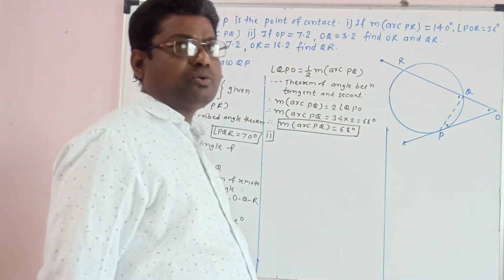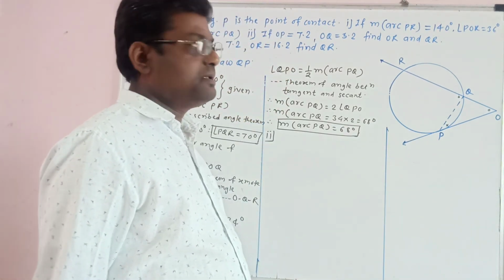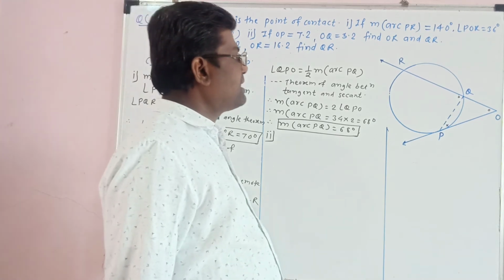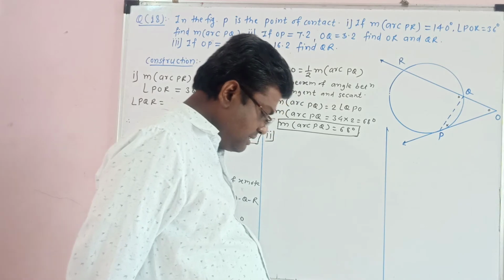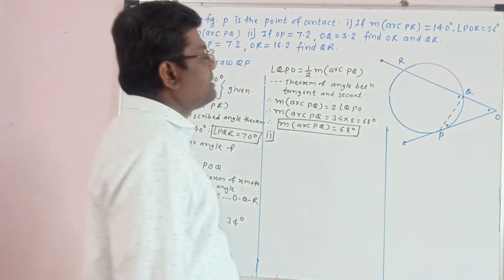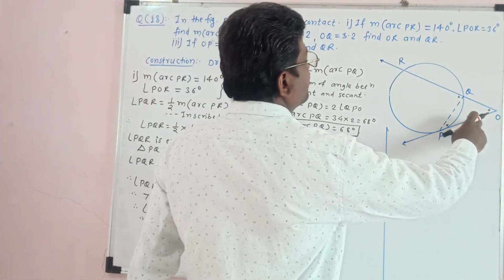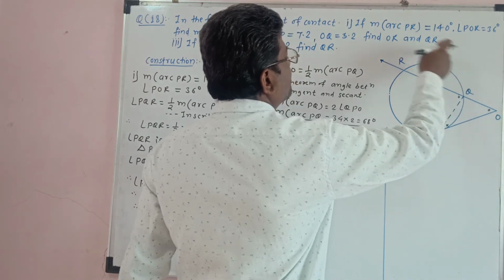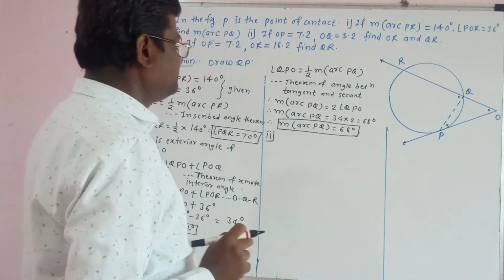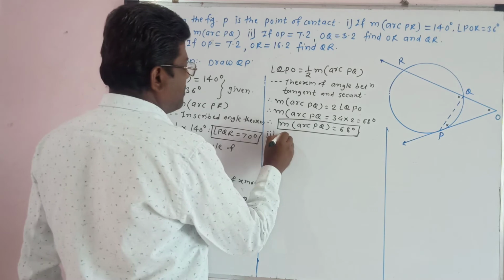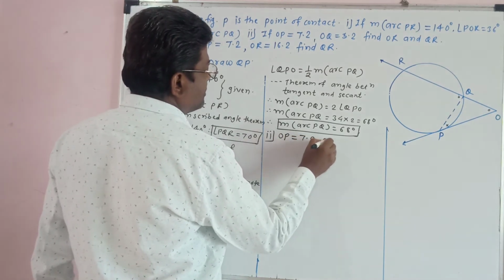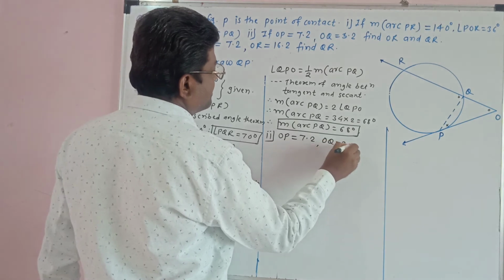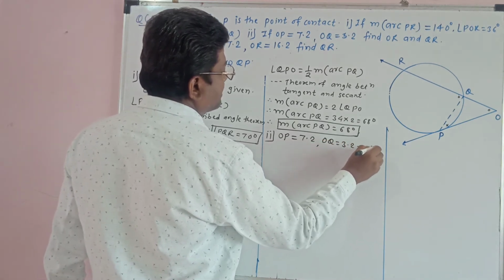So according to the tangent secant segments theorem, OP square is equal to OQ into OR. Now OP is equal to 7.2, OQ is equal to 3.2, given.